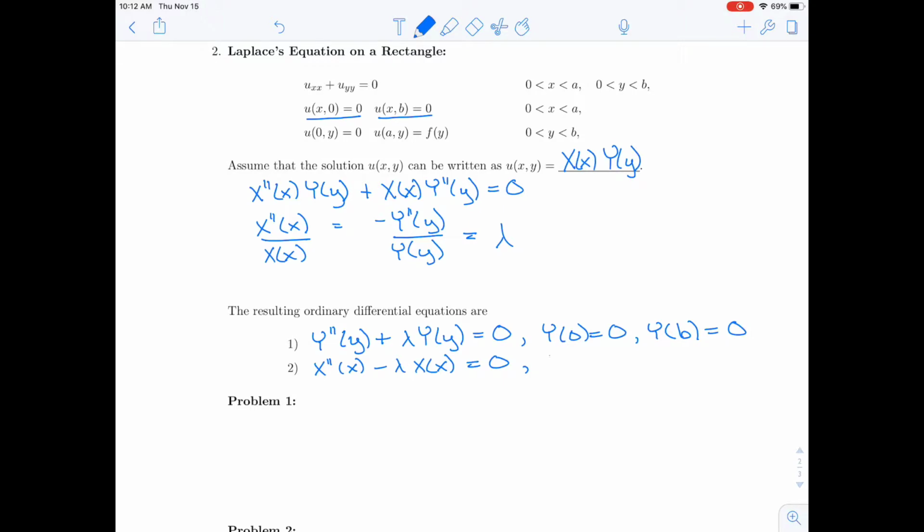And I'll have the boundary condition that x of 0 is equal to 0, which corresponds to the boundary condition u of 0, y equals 0. You can see that there's one more boundary condition that is non-zero, u of a, y is equal to a function of y, and we will use that one later.